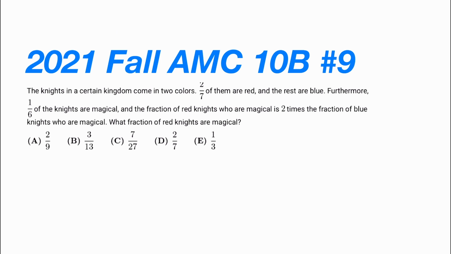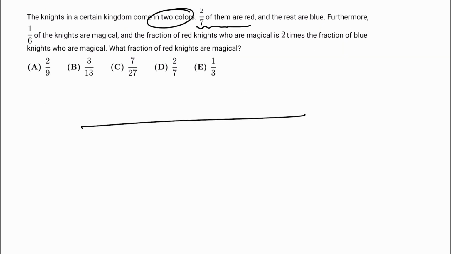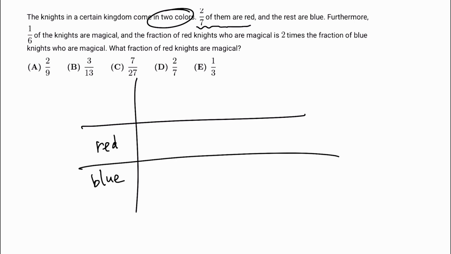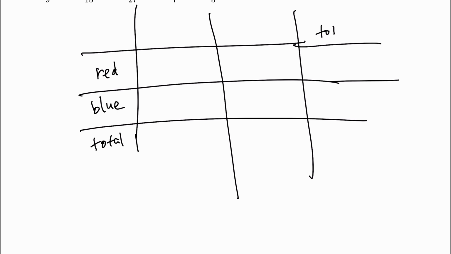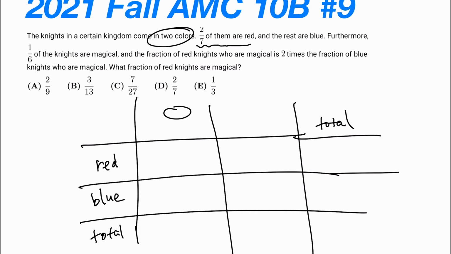Moving on to number 9. Well, the knights of a certain kingdom come in 2 colors. 2/7 of them are red and the rest are blue. So let's see. Red and blue. Total. Furthermore, some of them are magical, and I'll assume the others are not magical.